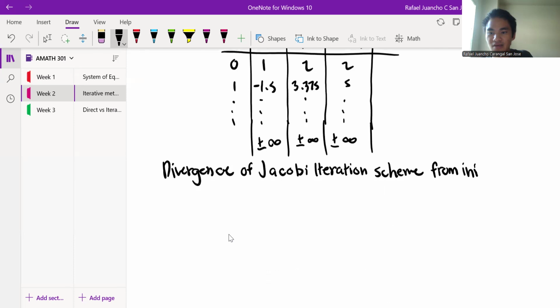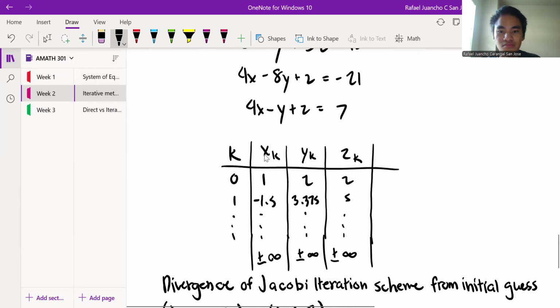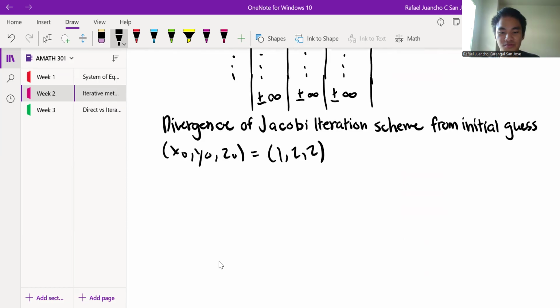From my initial guess of 1, 2, 2, it diverges because I changed the order.